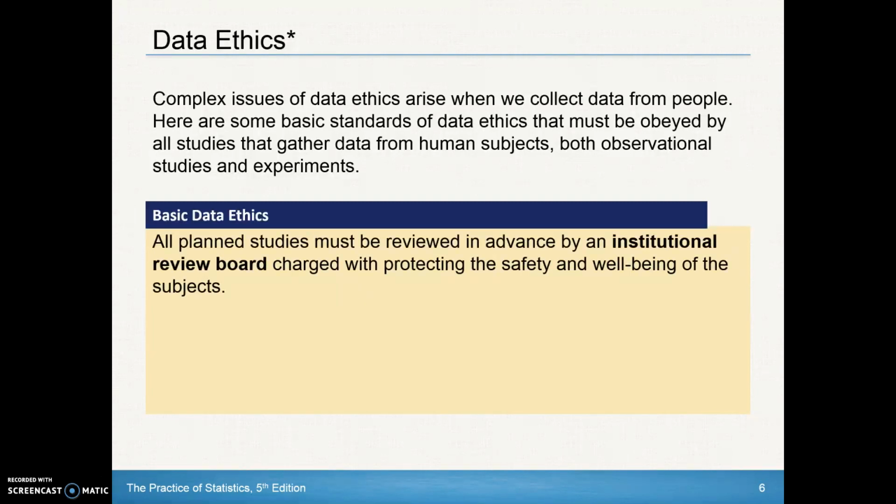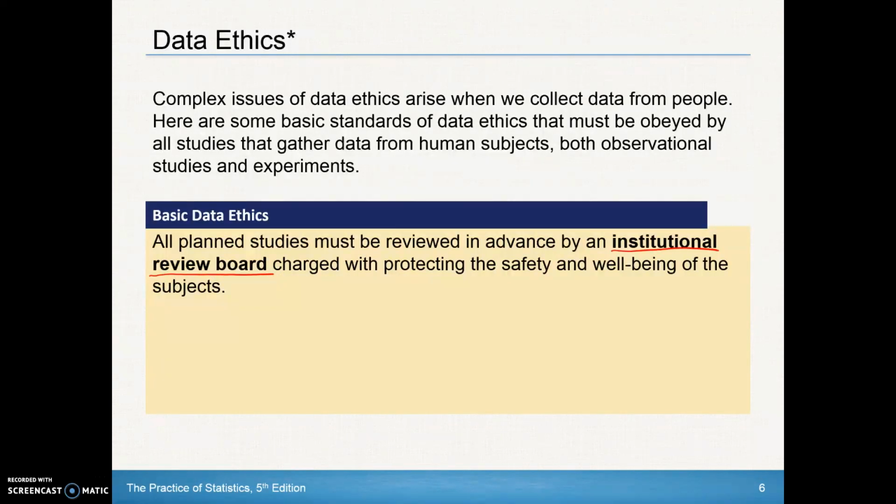So generally, when you're doing a study, through a business or your job or through school, there's what's called an institutional review board. And they are the ones that are charged with protecting the safety and well-being of the subjects.